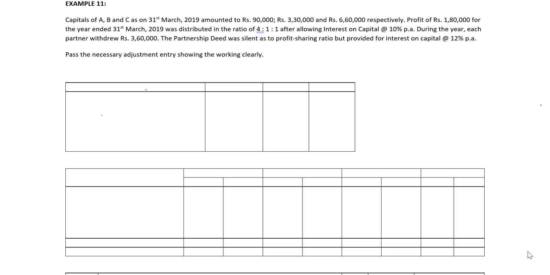So let's do that first, working note to calculate the opening capital from the closing capital. We need to do this because we need to allow interest on capital at 2% per annum. We have provided only 10%, whereas we were supposed to give 12%.